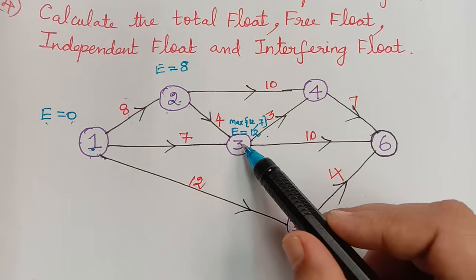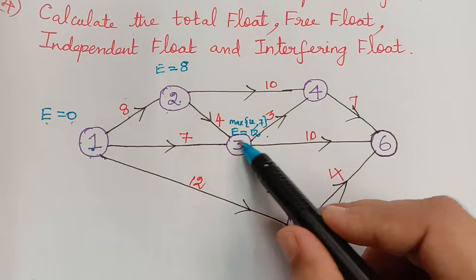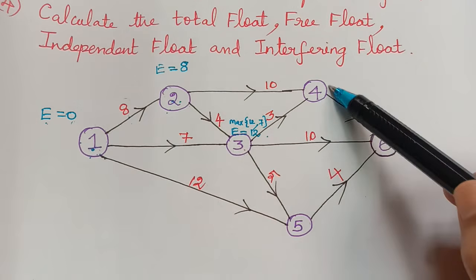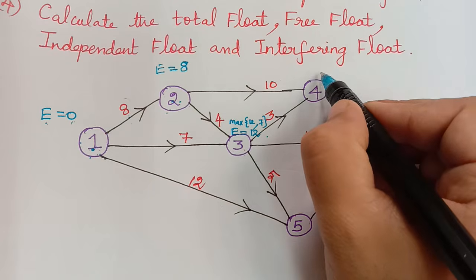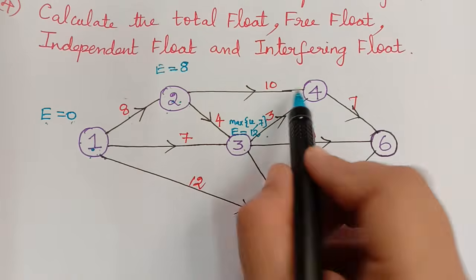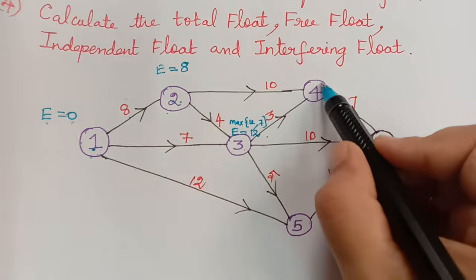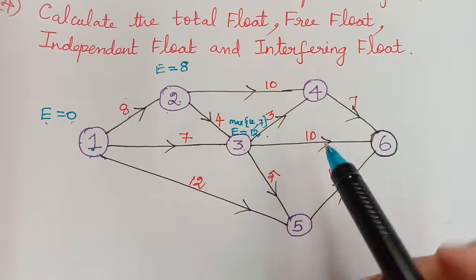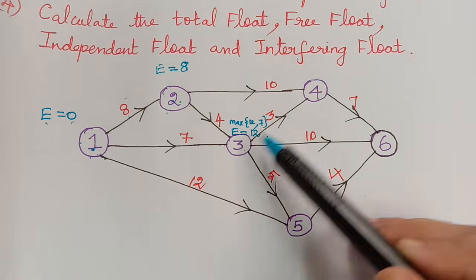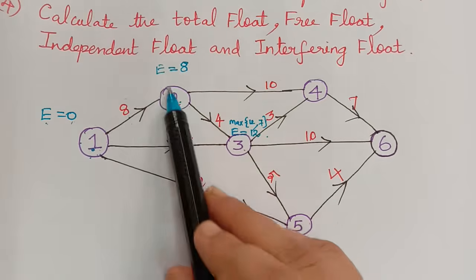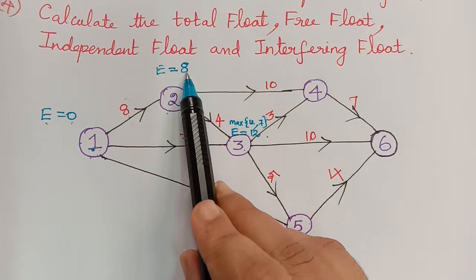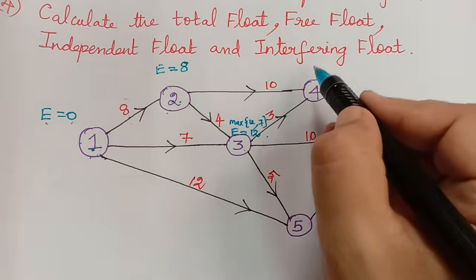Now after completing the earliest occurrence of the event 3, we have to move on to the event 4. For 4 we have to calculate the value of E, and again there are two activities which come into the event 4: an activity 2 to 4 and also an activity 3 to 4. The value of E for the event 2 is 8, so 8 plus 10 gives us 18.